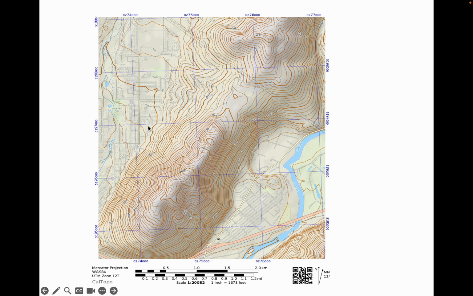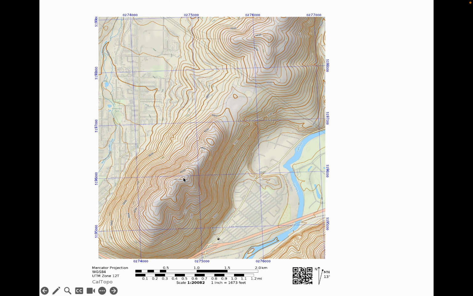So these are a kilometer on a side. Remember, in the township range and section system, the grid squares were a mile on a side. So these are a kilometer on a side. As I'm going from here to here, I'm moving 1,000 meters. As I'm going from here to here, I'm moving 1,000 meters.